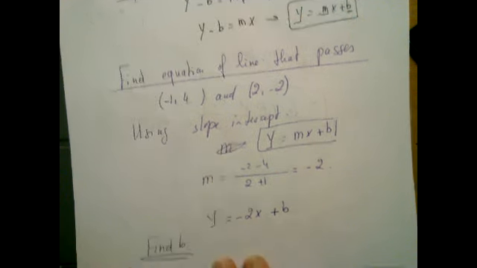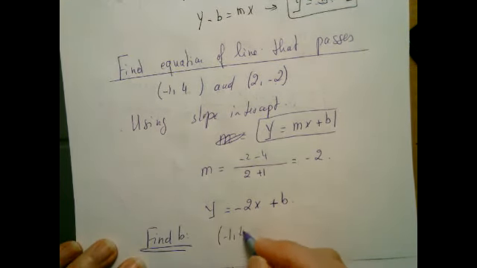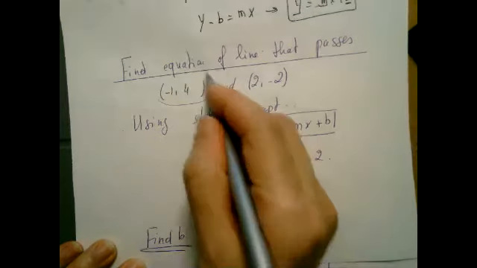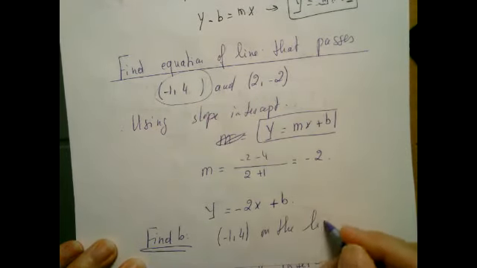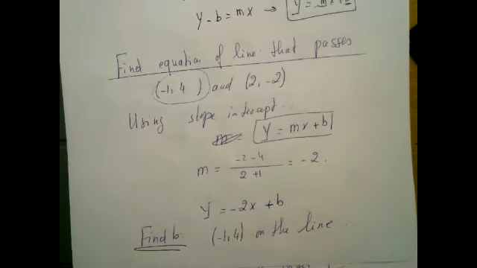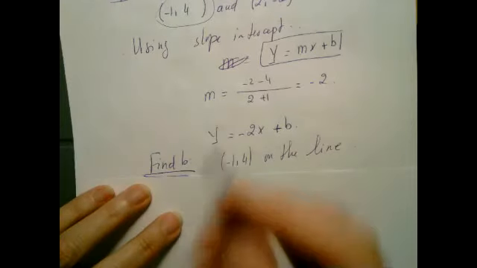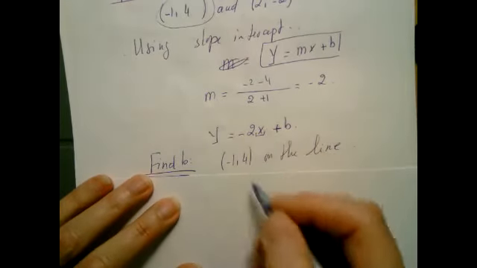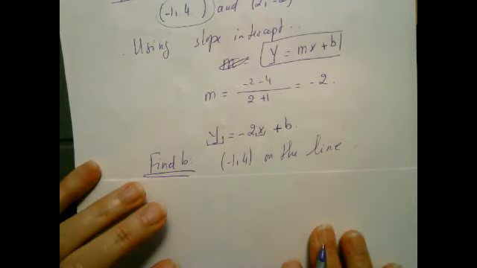So how do I find b? I pick a point on the line, suppose I pick (-1, 4). On the line means that if I plug in -1 for x and 4 for y, this equation should be satisfied.